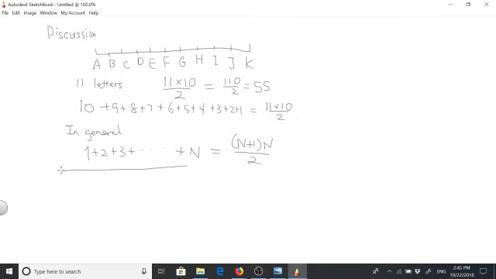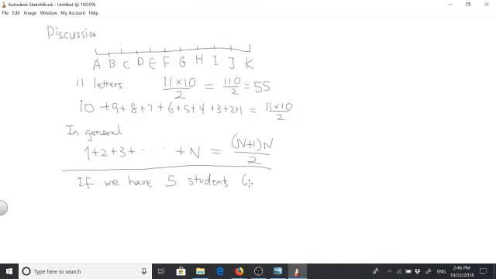Let's do another discussion, which is instead of counting line segments, you can use that to count something else too. So for example, if we have 5 students, okay?